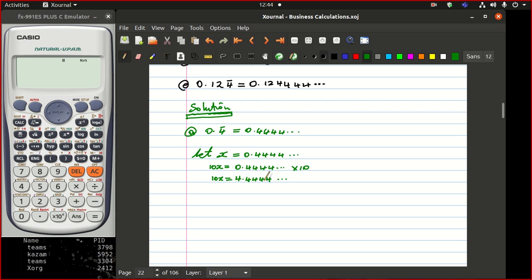If this number is the same as that number, then you will take this 10x as it is. You have your 10x, and then you separate this x here, and of course just one x is just this x sitting alone. It means there is a one sitting there, and then after that you know that 10x is the same as 4.4444, and then you continue writing these things, and then you subtract 0.4444, and then you continue to write those things.